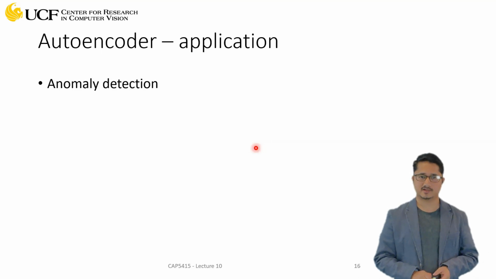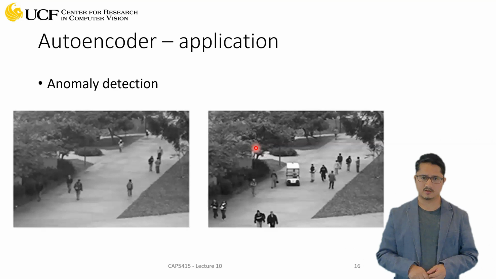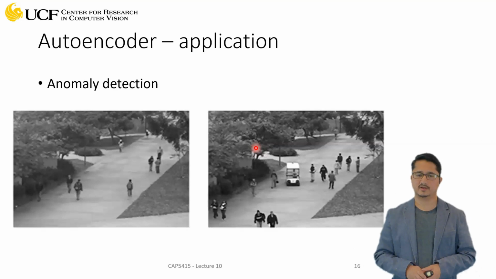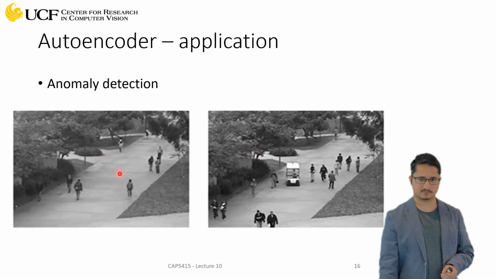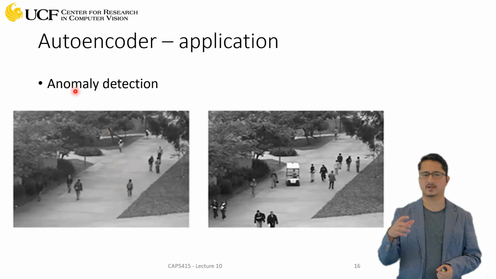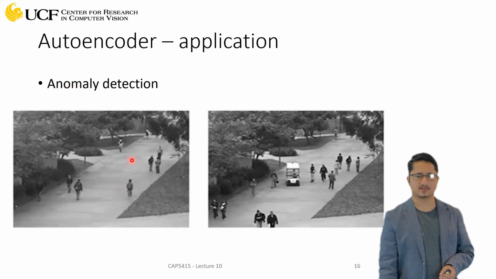All right, another interesting application. This is a little complicated, so bear with me. Here, the idea is you have a lot of clean images. Anomaly is something unusual, which you're not expecting. For example, in this scenario, if this is a walkway, you should not have cars here. You should not have this golf cart here.